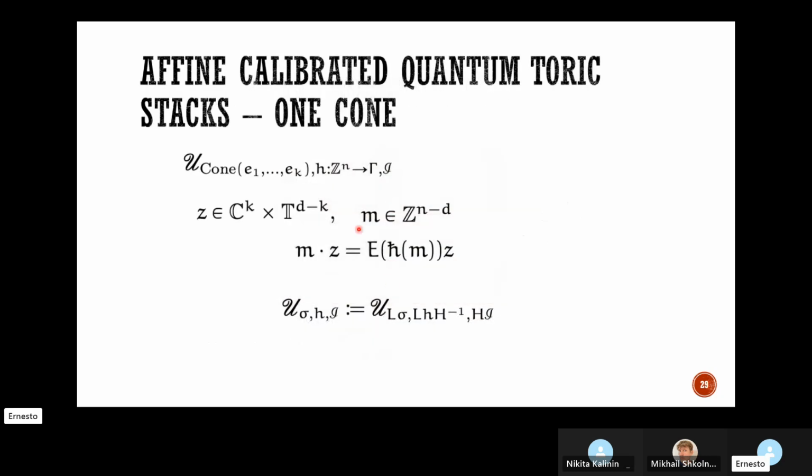It's technical. But anyway, you can write a formula, and then you can check that this is okay. That U sigma HI is the same as UL sigma LH H minus 1 HI, so everything's okay. And so you have a well-defined stack given the data.